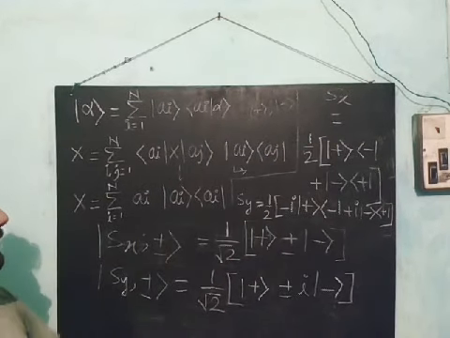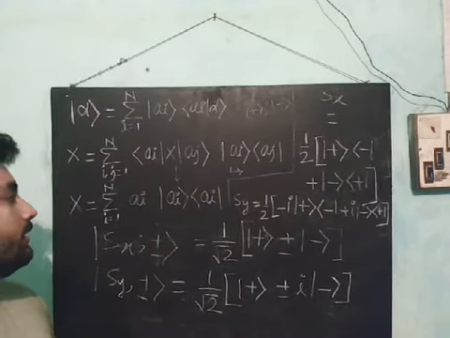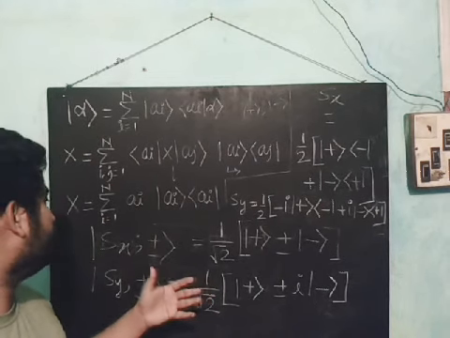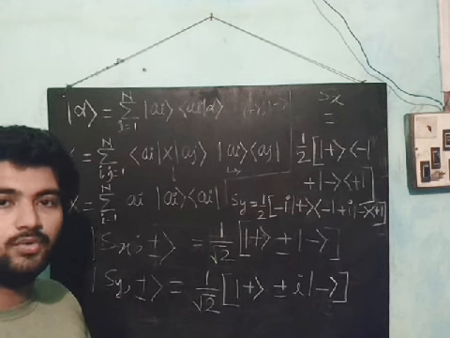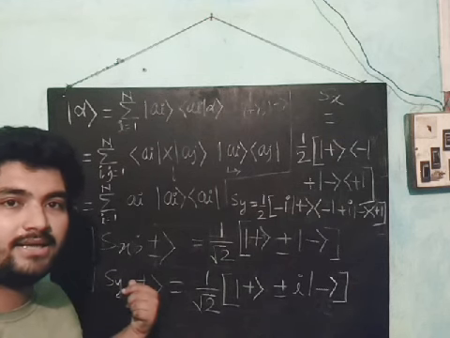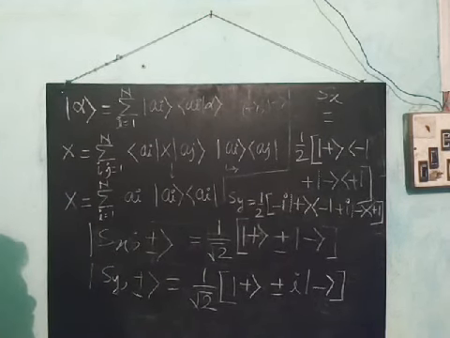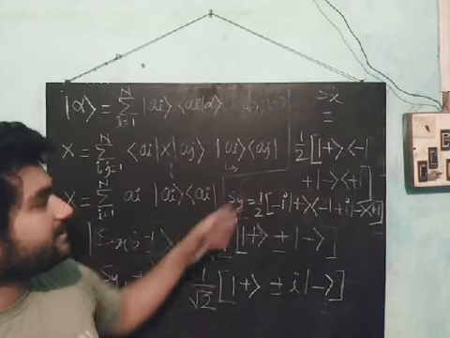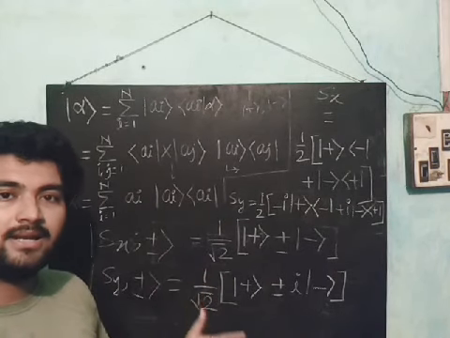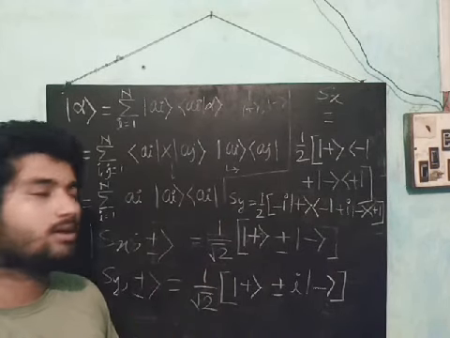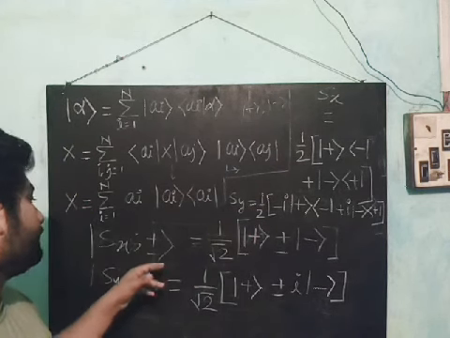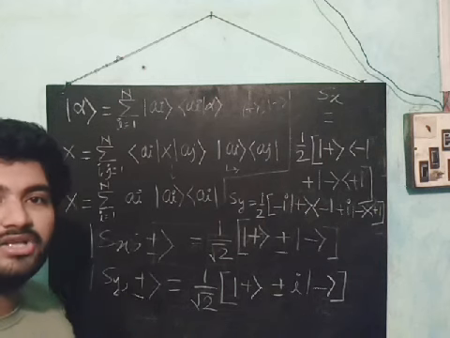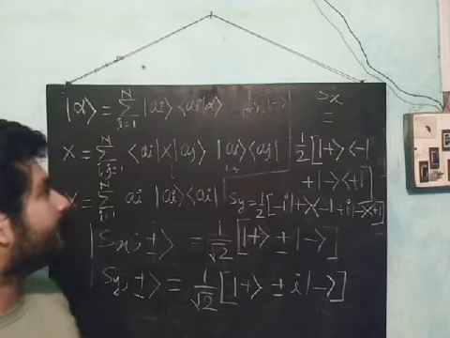So these four equations will be derived if you put the values of delta 1 and delta 2 in the equations that I just derived a few minutes ago. From these equations I can get the matrices for Sx and Sy and the basis. This is very easy.